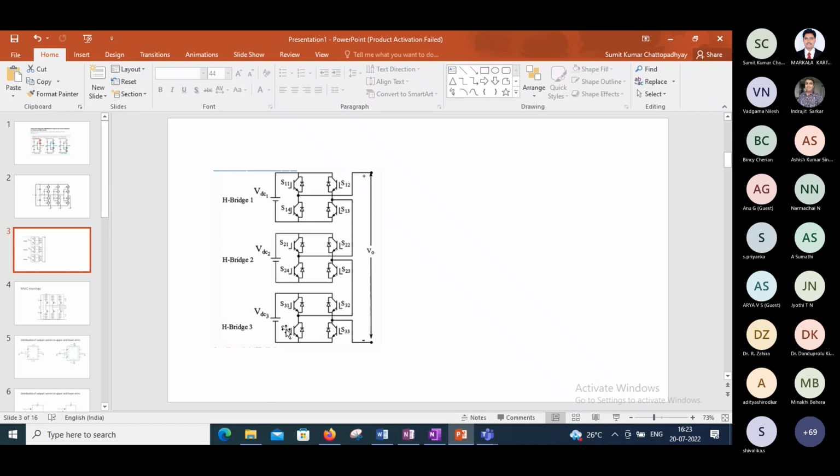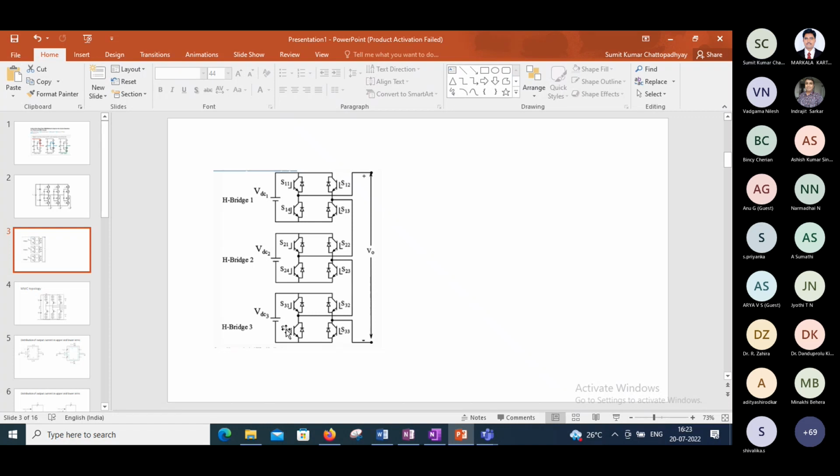And there are total 16 cells per switch, sorry, per arm. That can give an equivalent. If you want to generate the same power quality with a two-level converter, the switching frequency would have been in the range of 30 kilohertz.